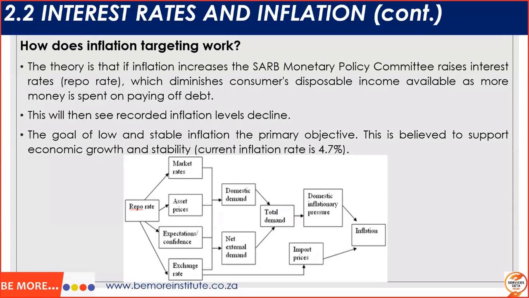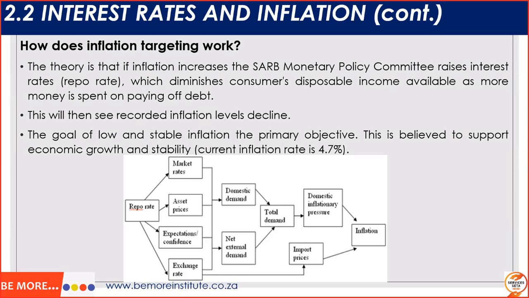When the rand deteriorates, our import prices go up, because we have to pay in a foreign currency when we import. What if you had 100,000 rands, and the exchange rate, for example, was $1 equal to 10 rand?